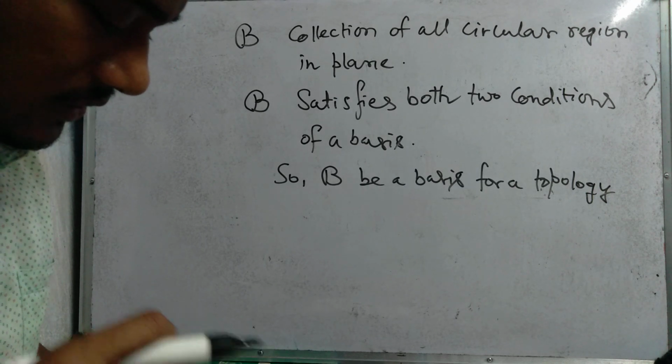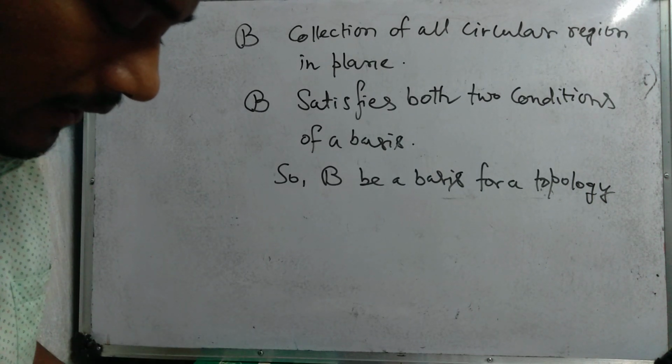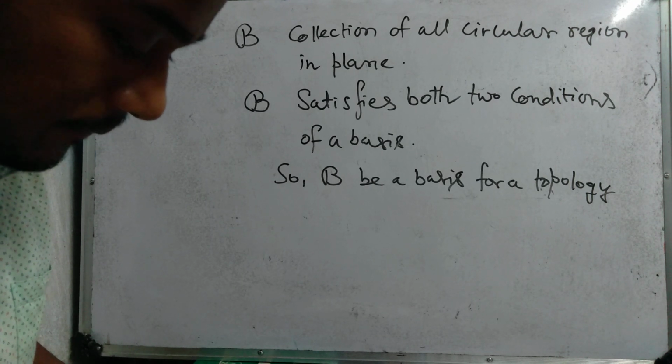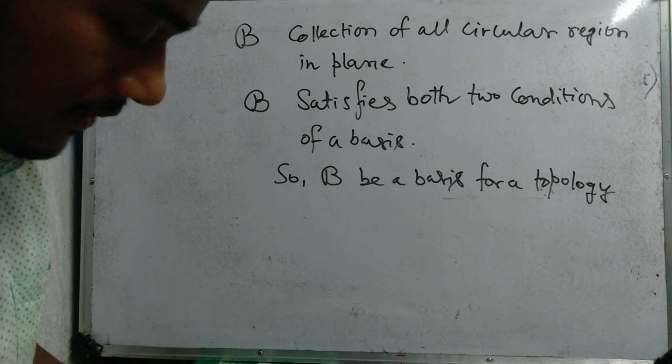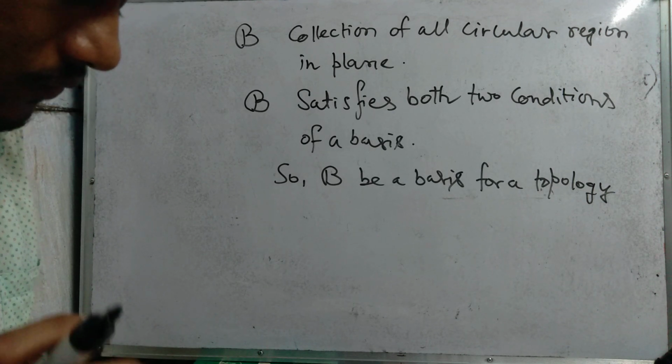Then in the topology generated by B, a subset U of the plane is open if every x in U lies in some circular region contained in U.